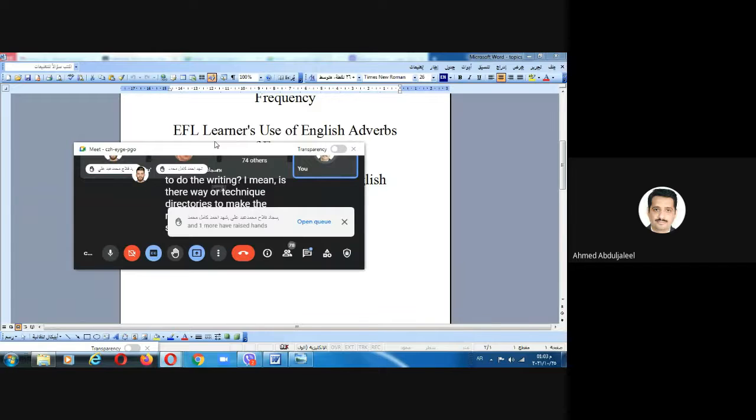Well, we have two things. First of all, we have a methodology that you have to follow. Again, this is a scientific study of writing a research. It means that you have to follow steps. Otherwise, it will not be considered as research. This is one. Second, there is something personal.